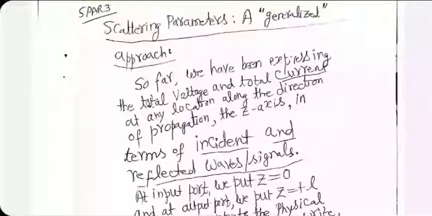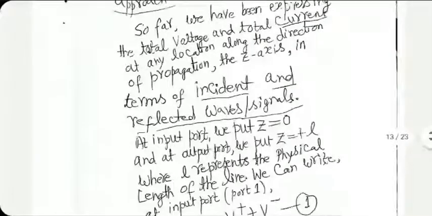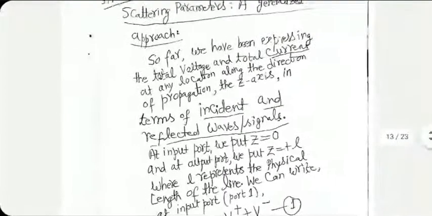Power can always be uniquely defined no matter how high the frequency is. I'll show you some practical side at the end. So that is called a generalized approach to scattering parameters. You don't have to worry too much about it, but at least be aware of the basics here. In microwave engineering course, this will be revisited anyway.